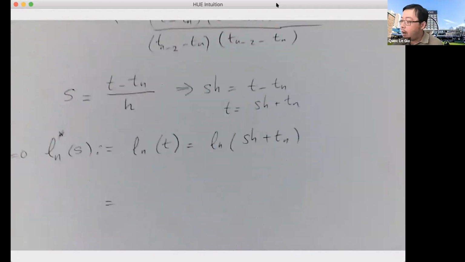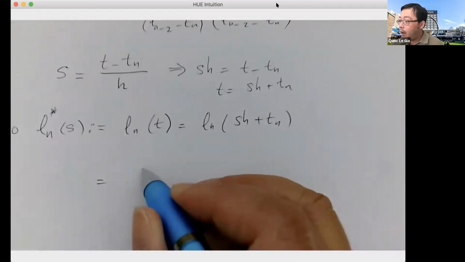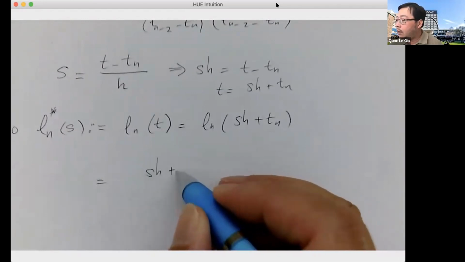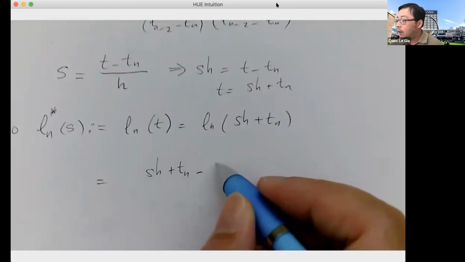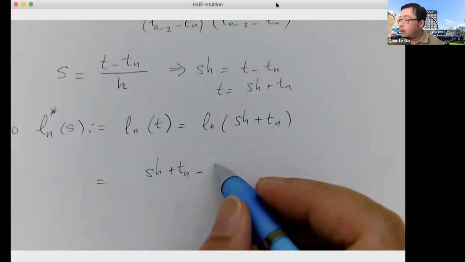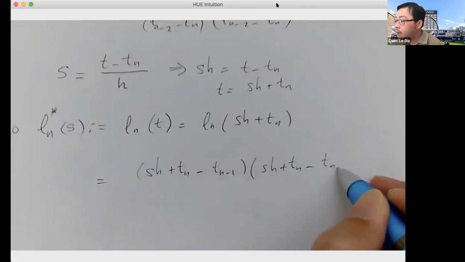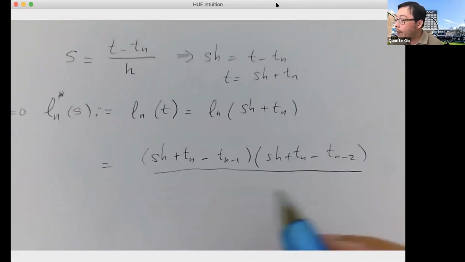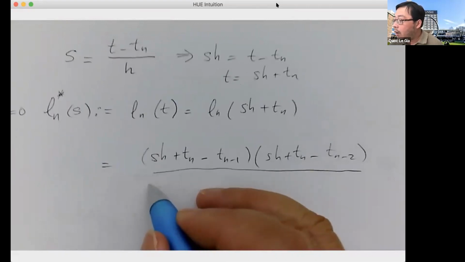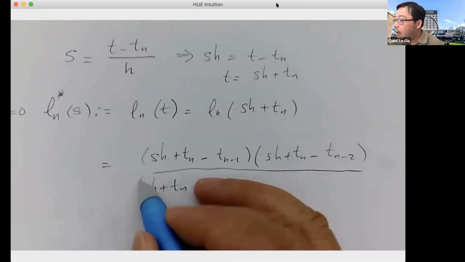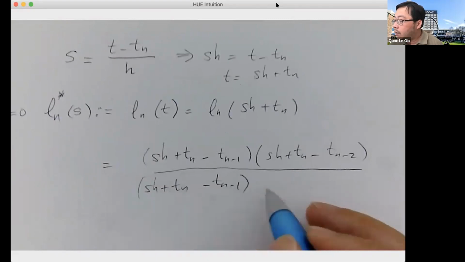Instead of t, I put in sh plus t_n minus t_{n-1}, and sh plus t_n minus t_{n-2}, divided by sh plus t_n minus 1, sh plus t_n minus 2.